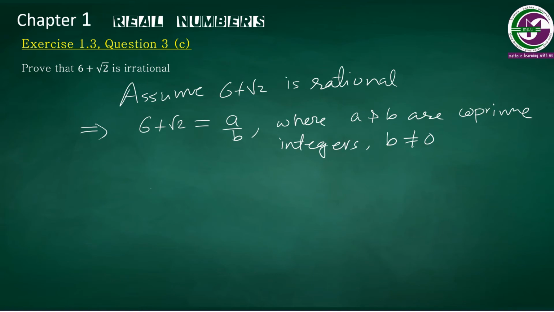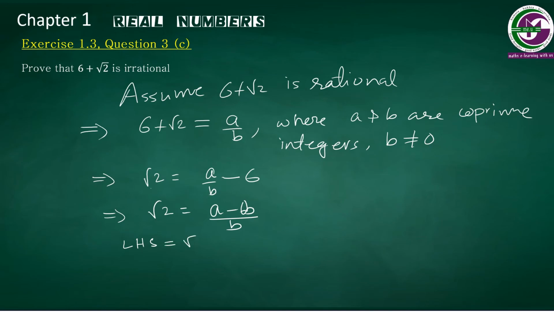Now subtracting 6 on both sides, we'll get root 2 equals a by b minus 6, which implies root 2 equals a minus 6b divided by b. Now we'll analyze LHS and RHS. What is the LHS of this equation? LHS equals root 2, which is an irrational number.